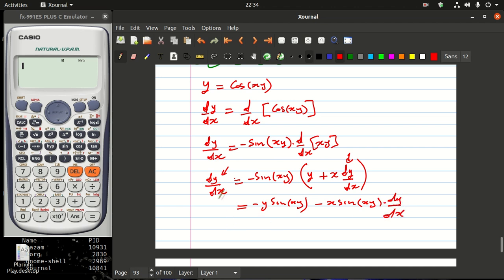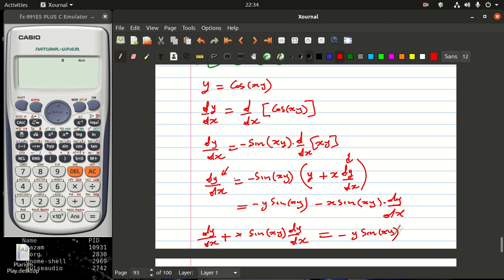And then of course I take this to the other side, and I ended up having dy/dx minus, because it was minus, became a positive, x times sine of xy, and then we had dy/dx is equal to minus y sine of xy.